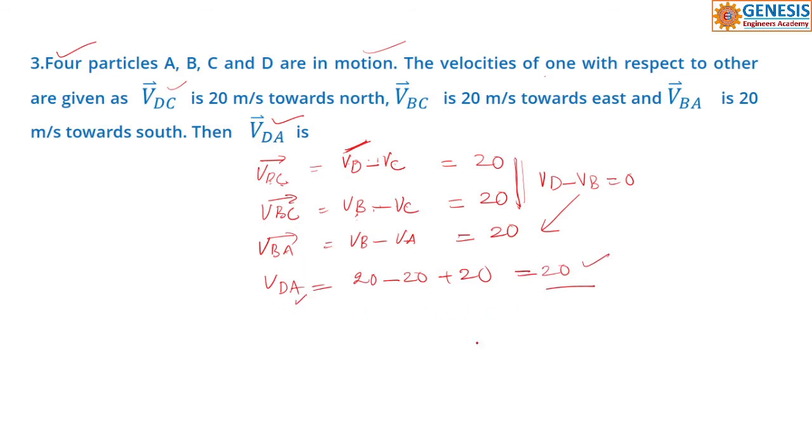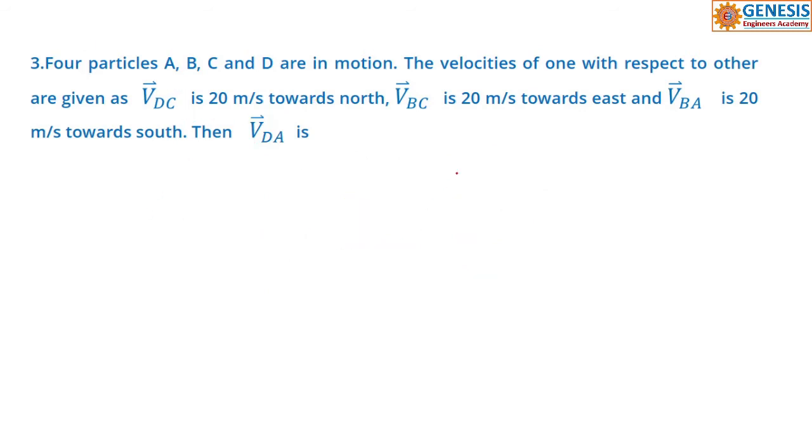He is asking about south, north, all these things, so I can also solve in another way using directions. The upper side is north, this is east, this is south, this is west. VDC is towards north. VBC is towards east.